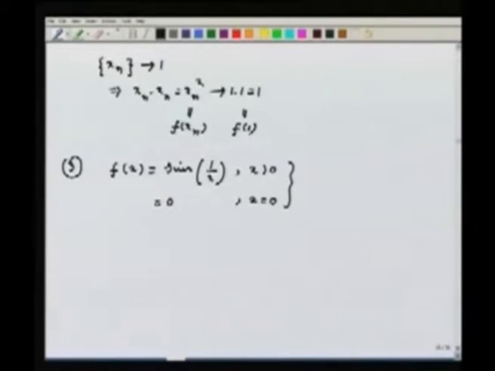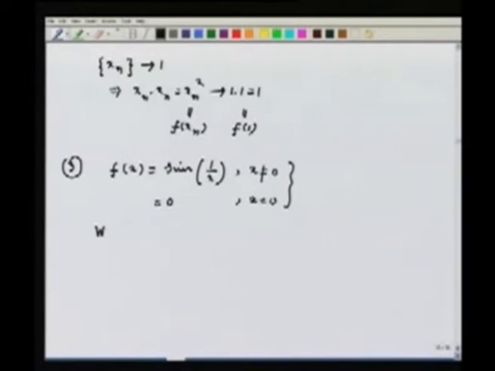So I define the function f(x) = sin(1/x) when x is not equal to 0, and I define it to be 0 if x is equal to 0. And I want to check the continuity property of the function at x = 0.